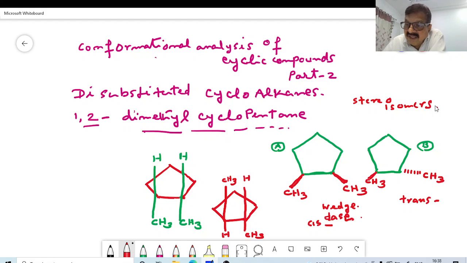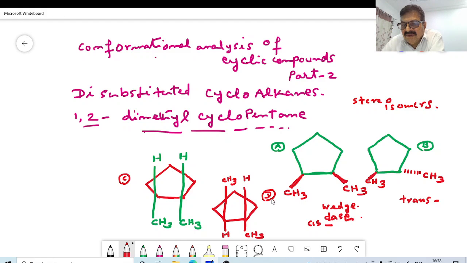Okay, now the cis and trans 1,2-dimethyl cyclopentane can also be drawn as these things, C and D. This is another way of drawing these cis and trans isomers here. It can also be drawn as if the plane of the ring goes through the plane of the page or the paper.